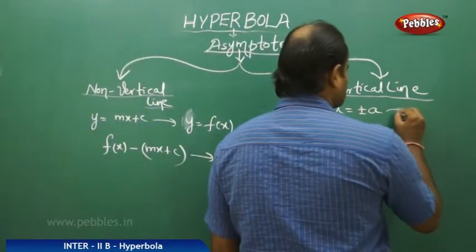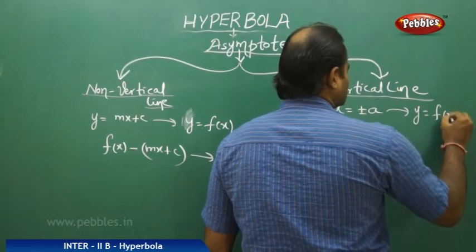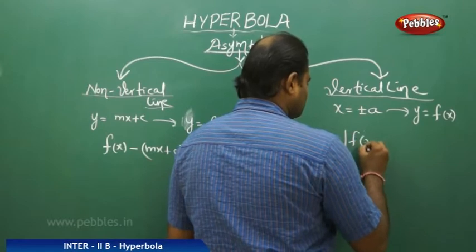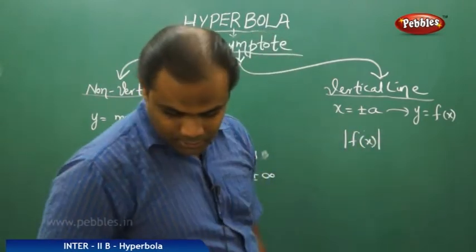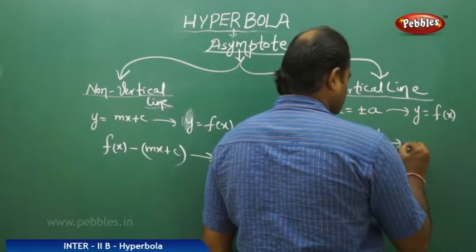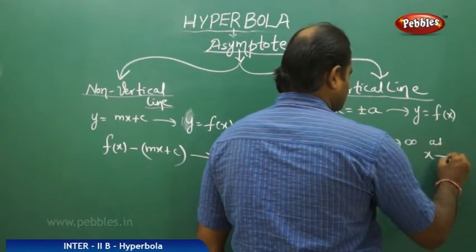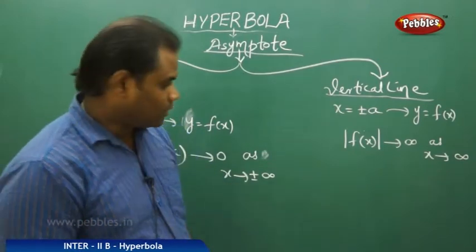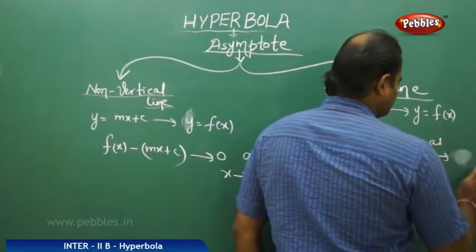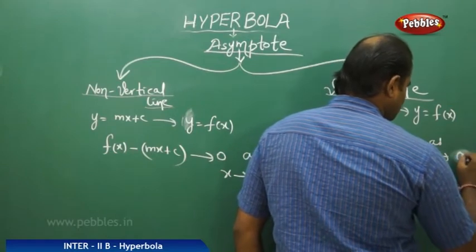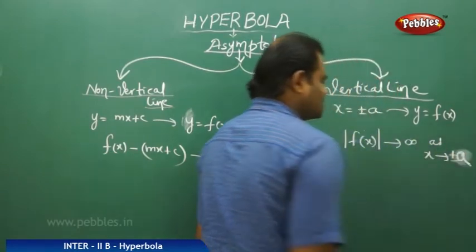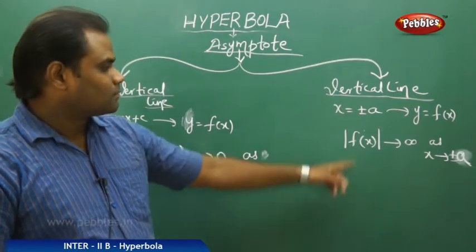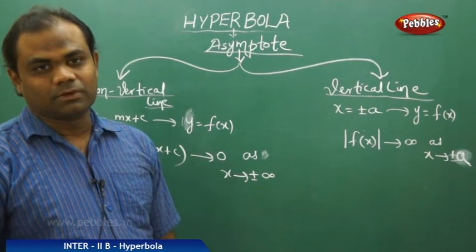So it is an asymptote for the curve y is equal to f of x if mod f of x tends to infinity as x tends to a. This is how we understand the concept of the vertical line being an asymptote.